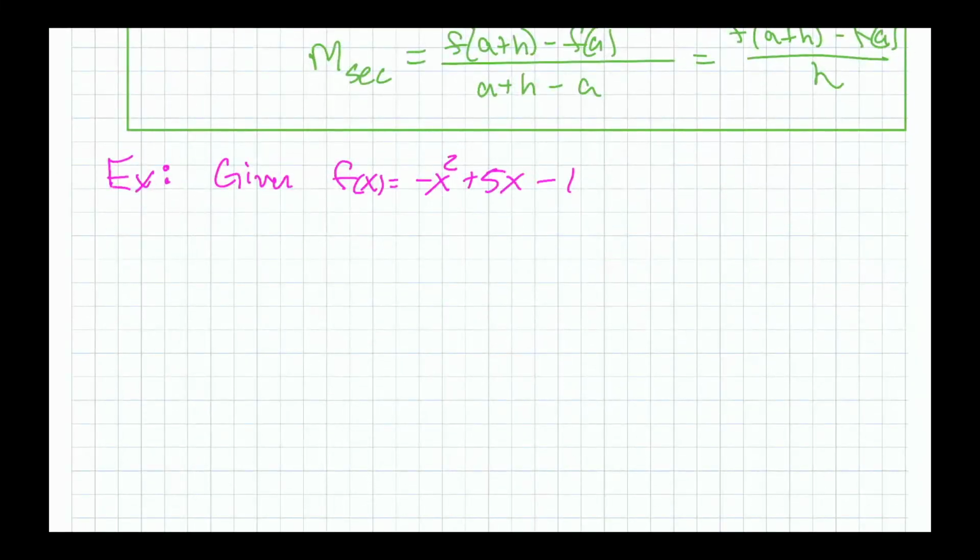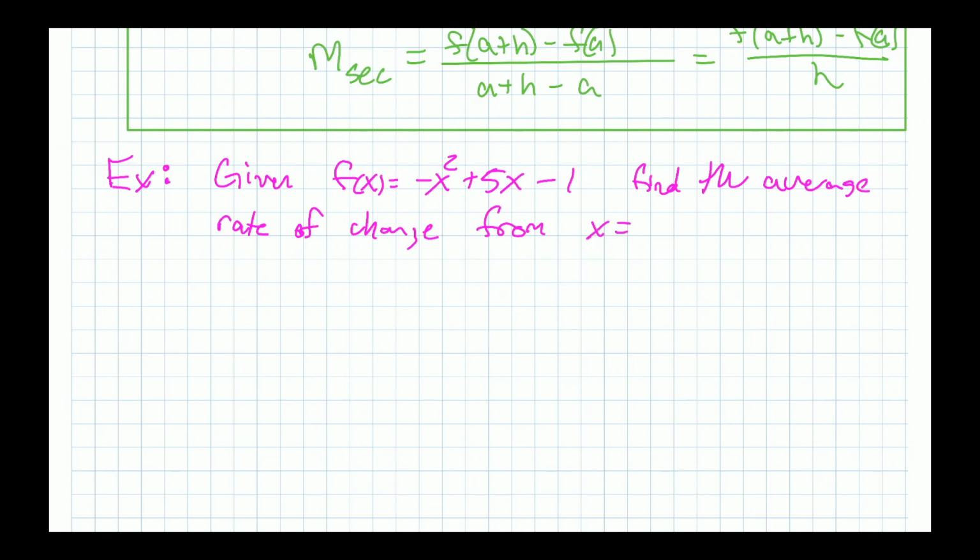Given that, find the average rate of change from x equals 3 to x equals t. Okay, and I'm just going to use the alternate formula this time just because.